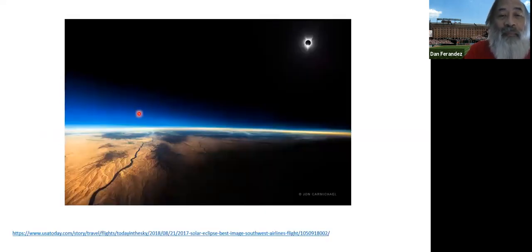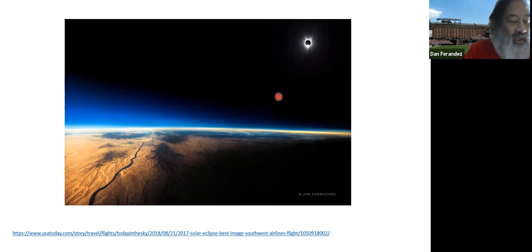Just real quick, this is a kind of unique picture by somebody who was able to snap a picture while on a Southwest Airlines flight. During that flight, he was able to speak to the pilot.